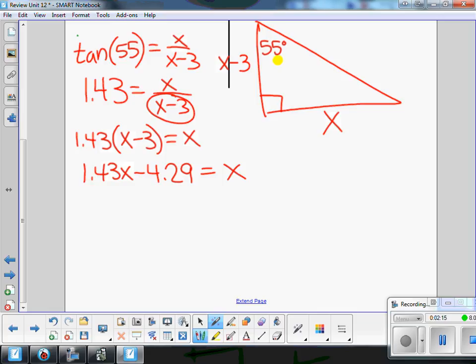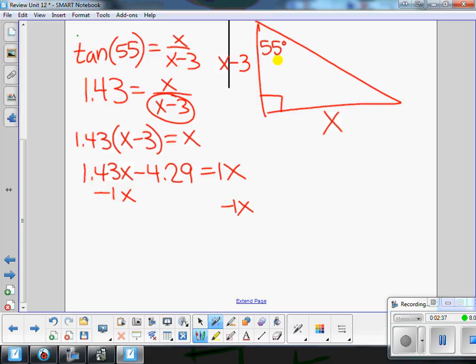You have to gather your like terms on one side of the equation. So since this has an x in it, I'm going to take away x from both sides. When I take away x, how many x's is it? 1. We're basically taking away 1x from both sides.